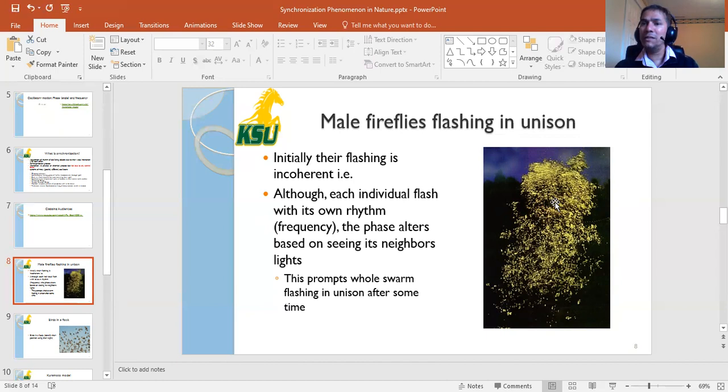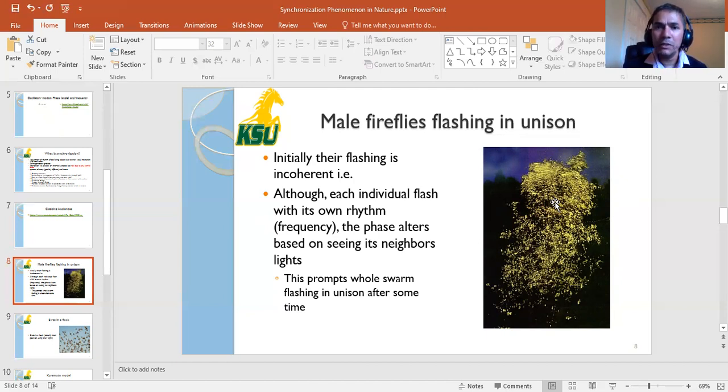Most of these fireflies are flashing at the same time, so it becomes a very interesting, attractive display. And I heard that this type of display was used as a navigation tool in early times. So this is also a biological phenomenon we observe in nature that can be explained by synchronization.